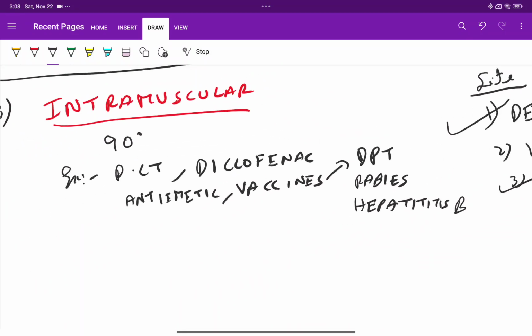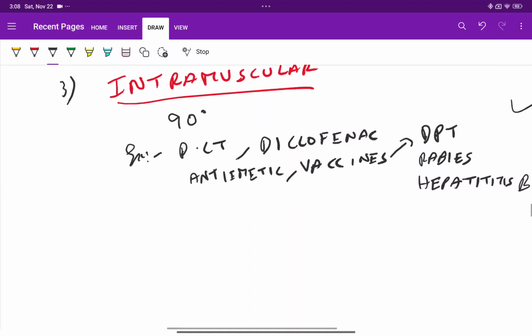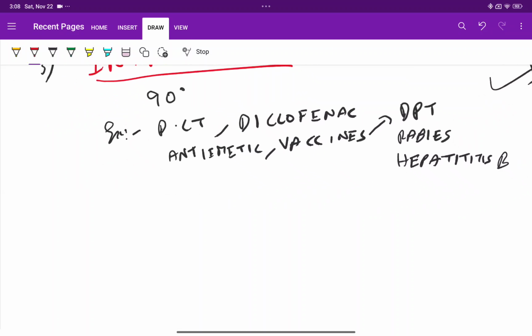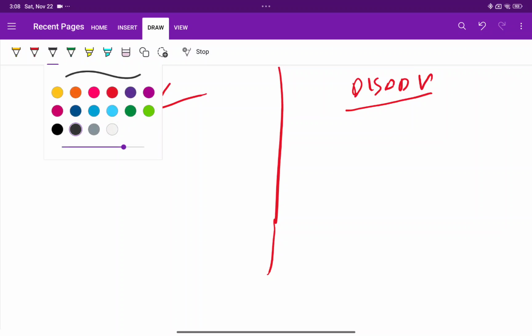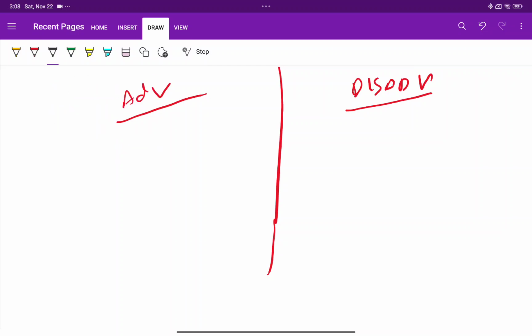After learning about the sites of drug administration, we will learn about the advantages and disadvantages of the intramuscular route. First advantage is quick onset when compared to the oral route, but the quickest acting is the IV route.